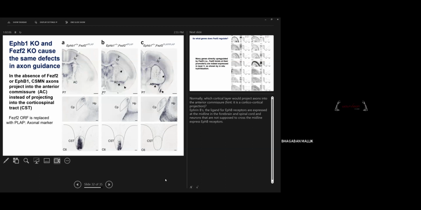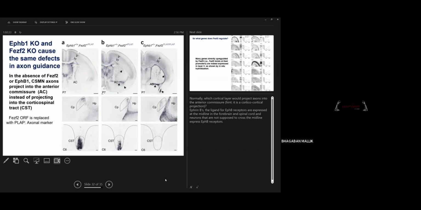That suggests that the transcription factor FEZF2, or EPHB1, which is regulated by FEZF2, is required for axonal guidance, required for the projection of the neuron.